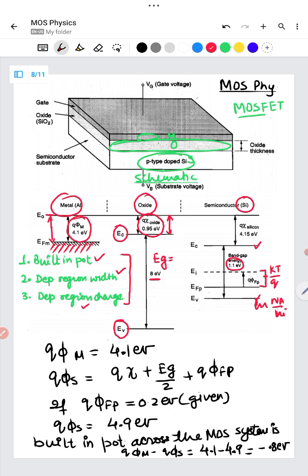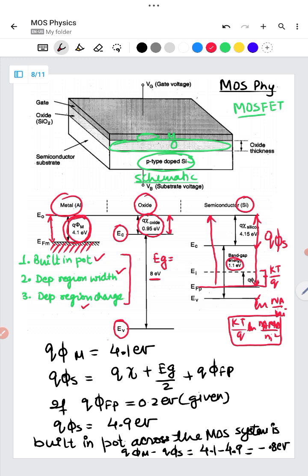If it is a PN junction, we already know the built-in potential would be kT/q ln(Na Nd/Ni squared). In the case of a metal and semiconductor, we need to understand the work function of the metal and the work function of the semiconductor, meaning this distance. This would be q phi S. What would be q phi S? q phi S will be the Fermi level to vacuum level distance.